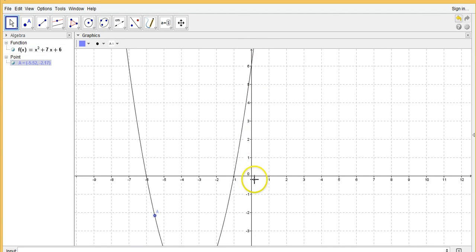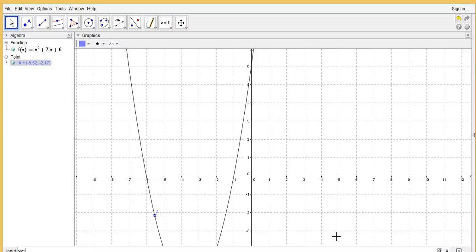Since this y-axis is our output axis, we want to know what inputs give us outputs that are greater than 0. One way we could do that too is if in our input bar, we just type y is greater than, so I'm going to use the greater than symbol, and I'm going to put an equal sign after it.